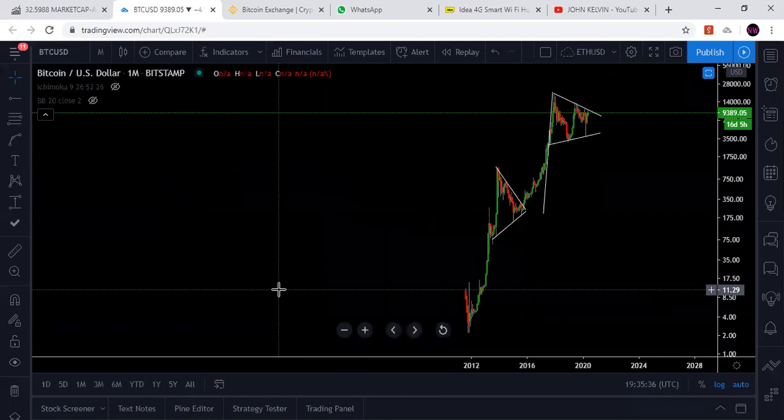I explained this in the previous video. I talked about this pennant flag pattern, this bullish pennant flag pattern, which has been forming for some time. I think since 2016 it has been forming.